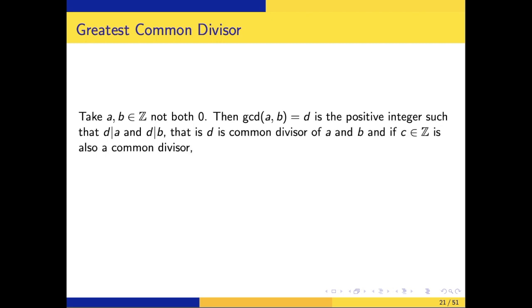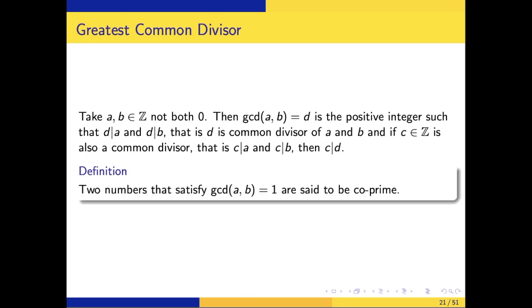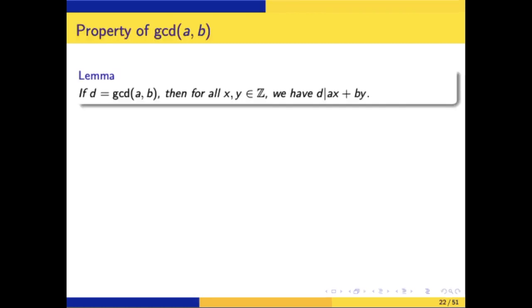And if an integer c is also a common divisor of a and b, that is c divides a and c divides b, then we must have that c divides the GCD of a and b, which is d. There's yet another definition which says that two numbers that satisfy the equation GCD of a and b equals 1 are said to be coprime.